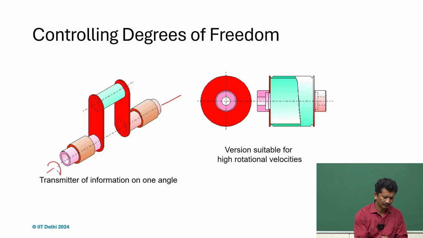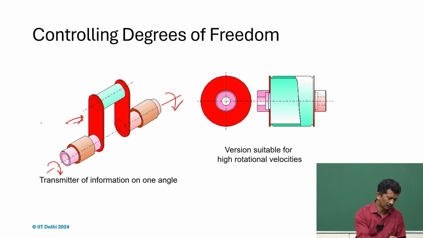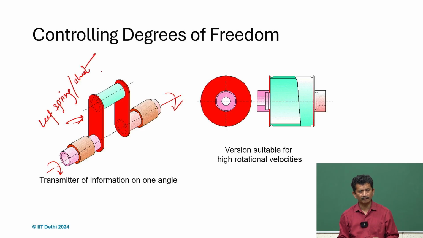Again, we want to transfer the rotational motion, and we extend it to any kind of disc. Now call it a sheet flexure or leaf spring, or a sheet. Again we can talk about the compliance.